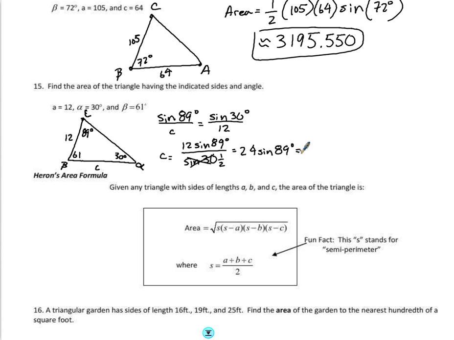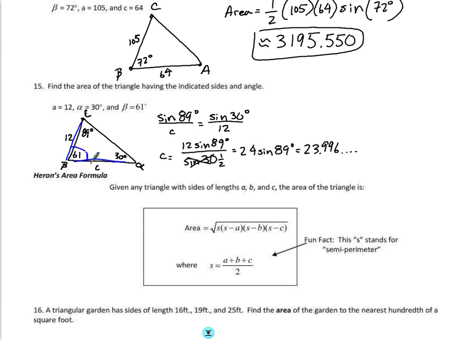That gives me a length of 23.996. Remember, that's not my final answer, so I don't want to round quite yet. If I round too soon, I could ruin my approximation. And then I'm going to find the area using angle B. So angle B is right here. The two sides that I'm going to use are the two sides around that.